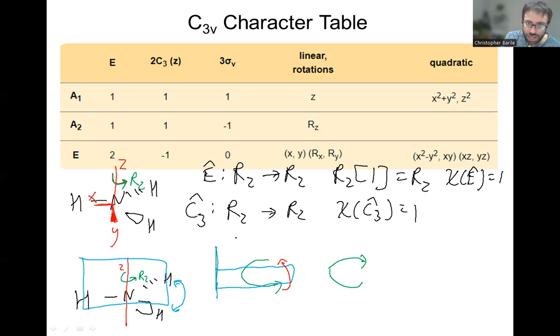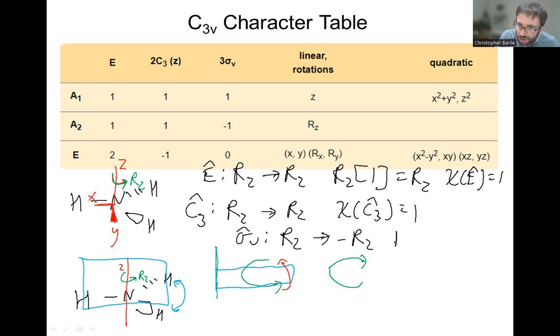So now we can write down that a sigma v, and if you did it with any of these other mirror planes, you get the same answer. Those mirror planes are going to cut through the vector, and that cutting through is what causes the change in the direction. So sigma v hat is going to take RZ not to RZ, but to negative RZ.